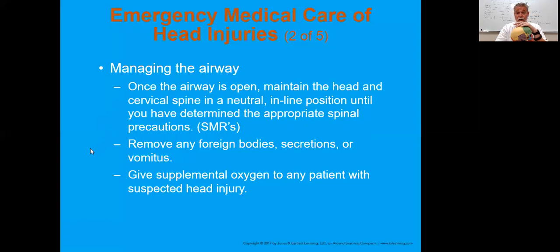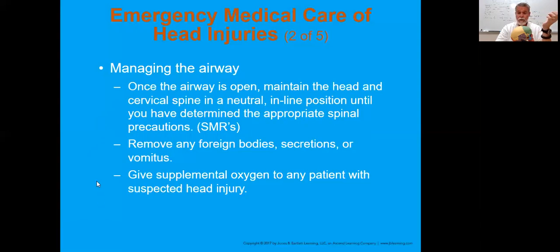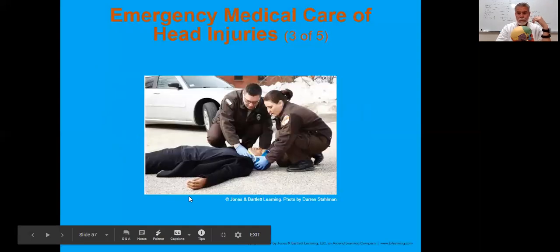If there are any foreign bodies, what do we do in the airway station? Oh, look, you look in the mouth and it's full of secretions and vomitus. So making sure that airway is clear, giving the supplemental oxygen. Again, it could be a non-rebreather based on their tidal volume and their rate. Could be someone that you're actually bagging, again, depending on those factors.